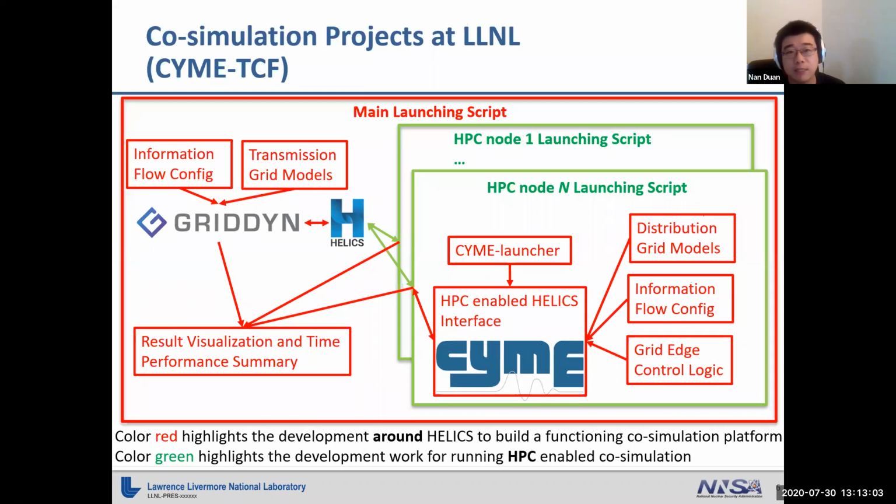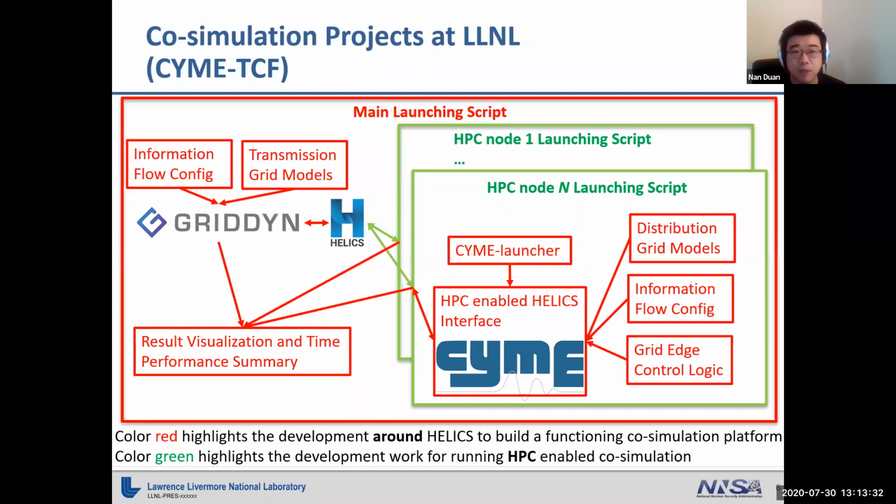So you can see again, we have many new developments going into these coupling frameworks, and we have to enable HPC, this job scheduler called Slurm, and have to write code according to that. Here you can see we are not using GridLabD this time. We use SIME to simulate the distribution grid.